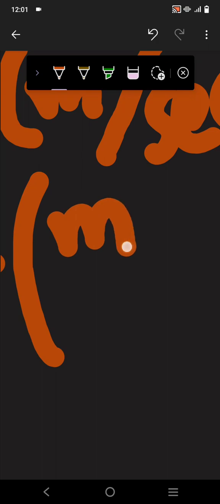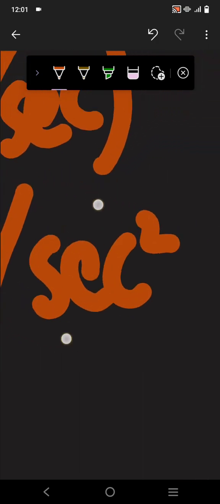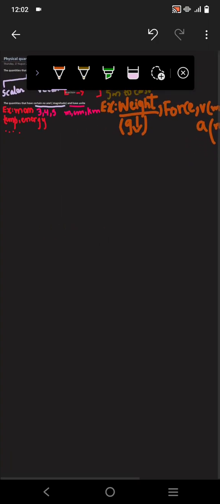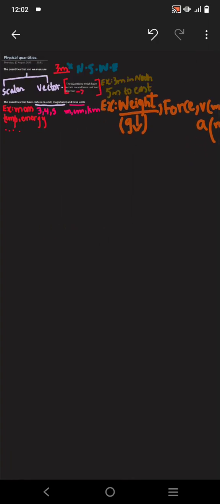Then we have acceleration. Acceleration also requires direction, and the unit of acceleration is meter per second squared. Alright. So if I ask you to elaborate what is current, current has a direction.